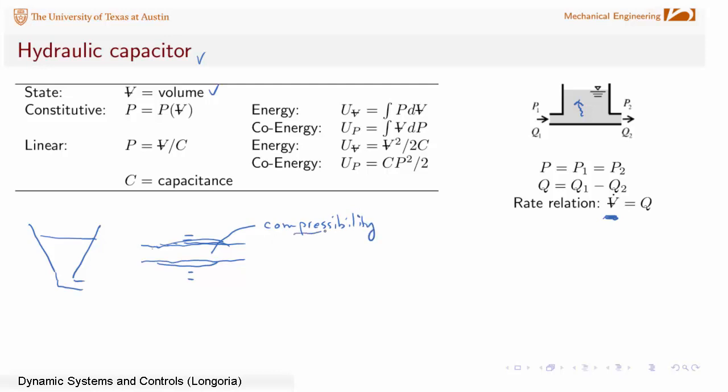This becomes especially important in some hydraulic systems, but also sometimes the pipe can sort of breathe, and so you could think of energy being stored in the vessel itself. So we'll look at maybe some examples like that. Again, the rate relationship that allows you to write a dynamic equation is the rate of change of volume.